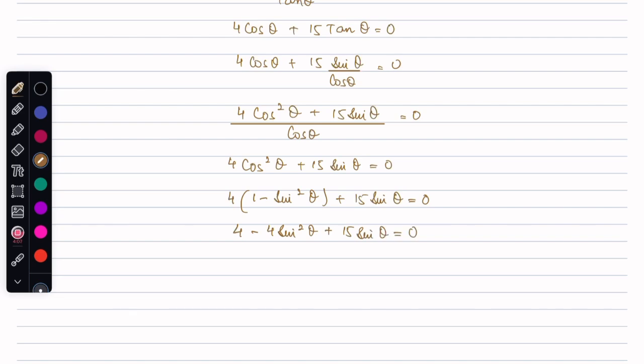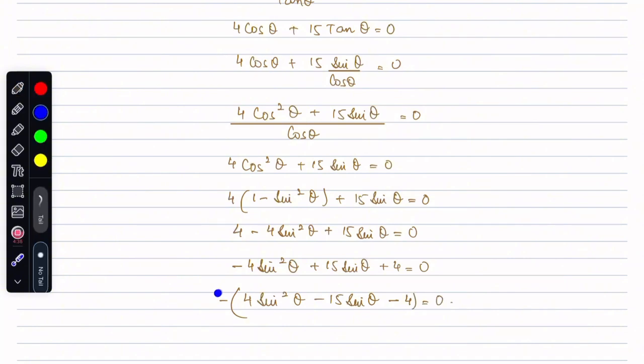Let's rearrange it first. It's negative 4 sine square theta plus 15 sine theta plus 4, which is equal to 0. And if I take this negative sign common, I'll be left with 4 sine square theta minus 15 sine theta minus 4, which shall be equal to 0.